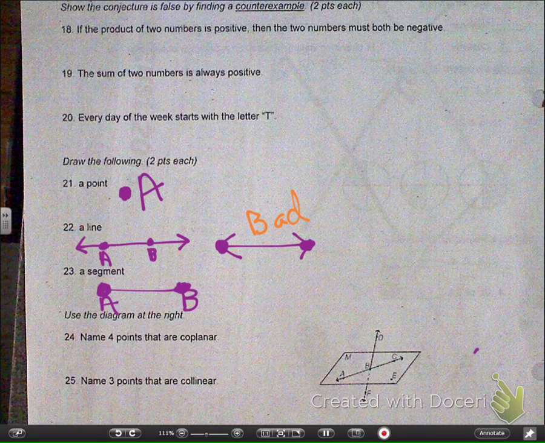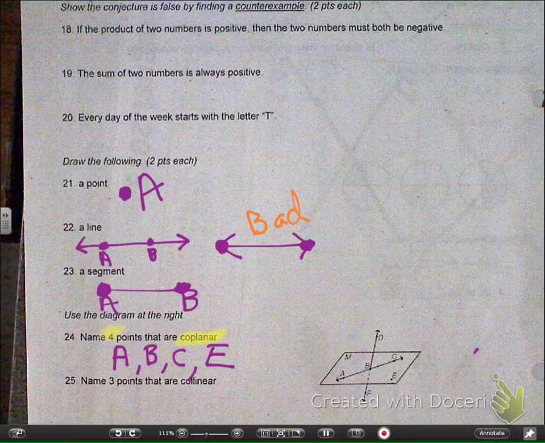All right, last ones. 4 points that are coplanar. What does coplanar mean? On the same plane. Okay, give me 4 points that are on the same plane. What was it? A, B, C, and E. Is F on that plane?